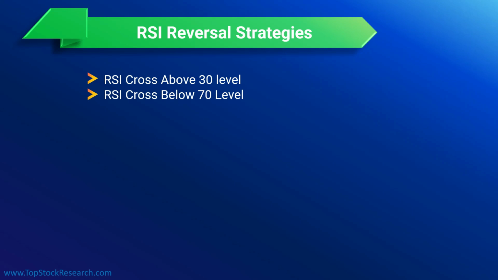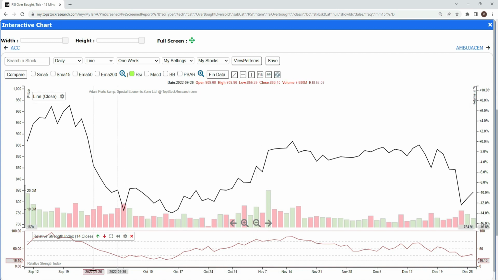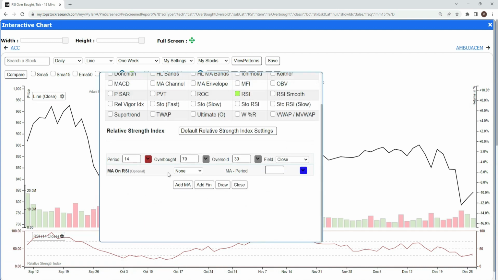RSI SMA, can you plot? Yes, you can plot RSI SMA. Let me give you a simple example. So this is RSI. When you go out here, over here you have an option. RSI 14 on 70-30, it's on close price. You can change it to anything. Generally, a lot of analysts also use high plus low by 2.